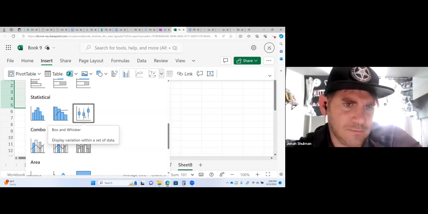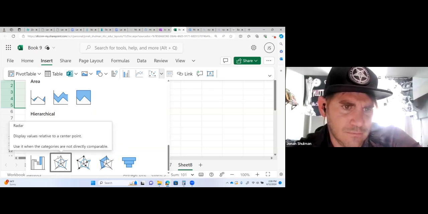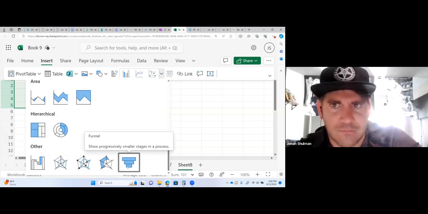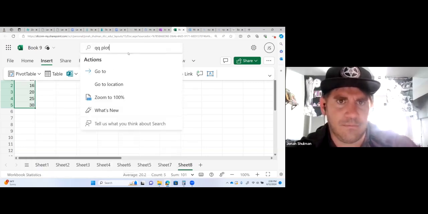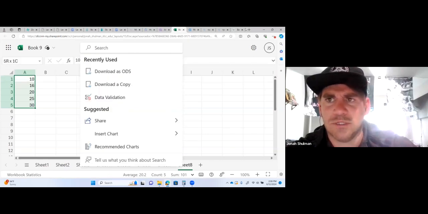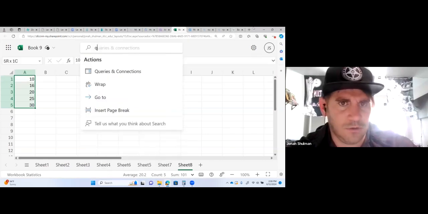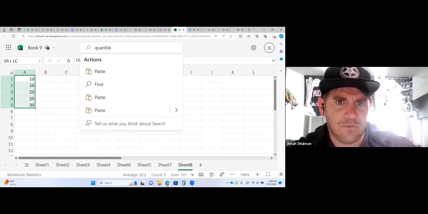That's nice for us. Box and Whisker. All right, let's find the actual name of this thing. It was a quantile. Doesn't have it.